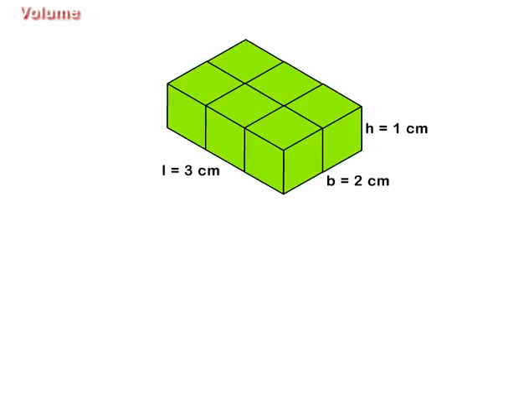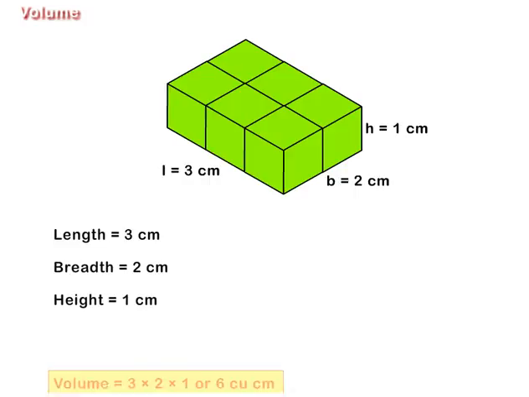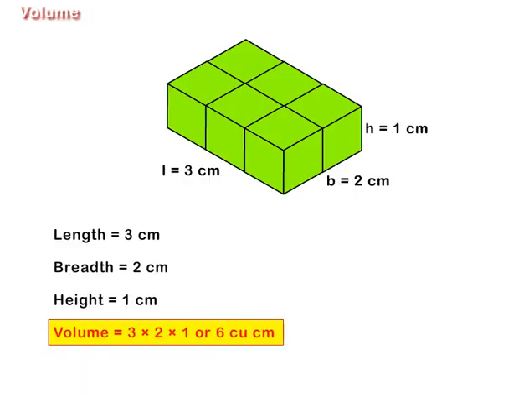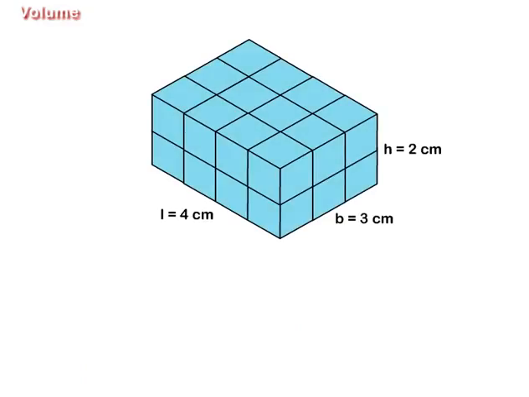Now look at this figure. It has length of 3 centimeters, breadth of 2 centimeters and height of 1 centimeter. So it occupies the volume of 3 multiplied by 2 multiplied by 1 is equal to 6 cubic centimeters. This figure has length of 4 centimeters, breadth of 3 centimeters and height of 2 centimeters.